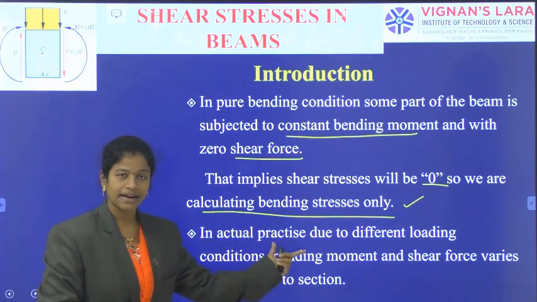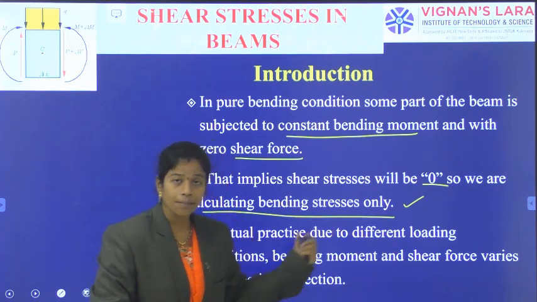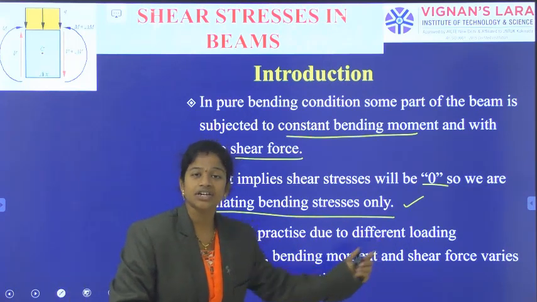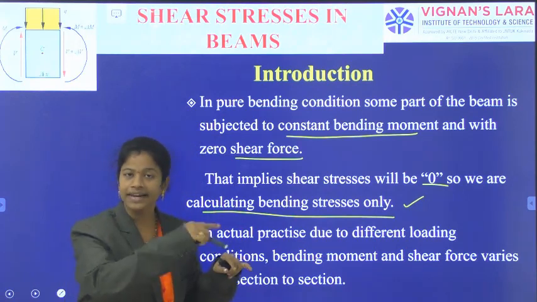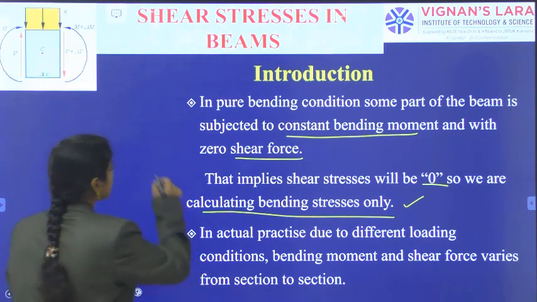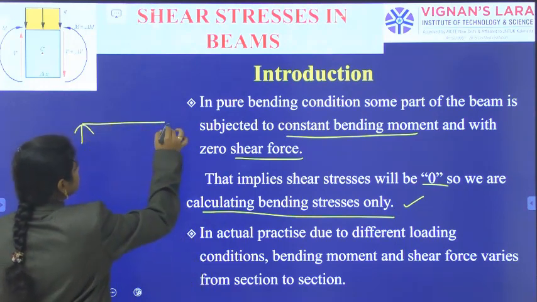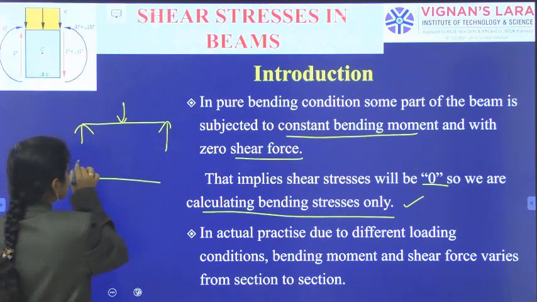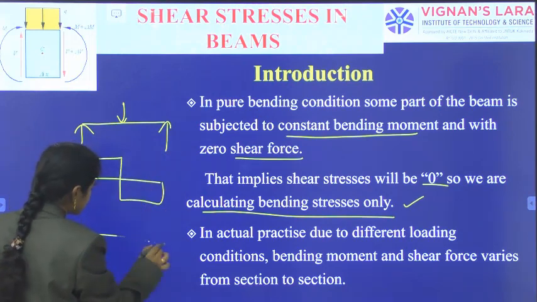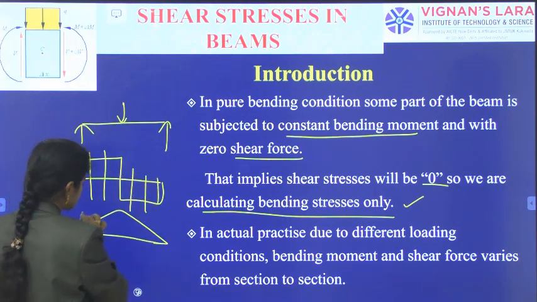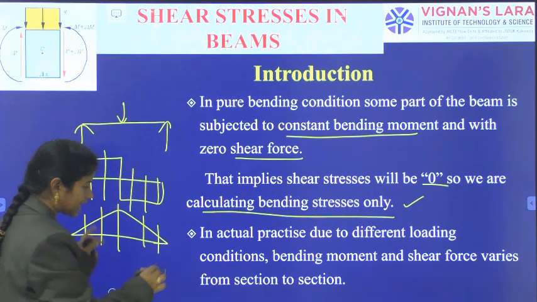So we are calculating the bending stress only from that condition. But in actual practice, due to different loading conditions, the bending moment and shear force vary along the length of the beam, right? For a simply supported beam with a point load, I have drawn the shear force like this, but the bending moment is like this. So from section to section, the shear force and bending moment are changing.